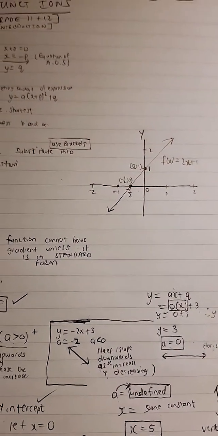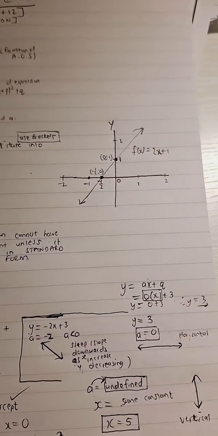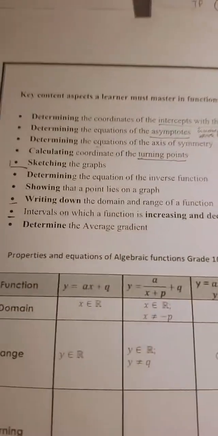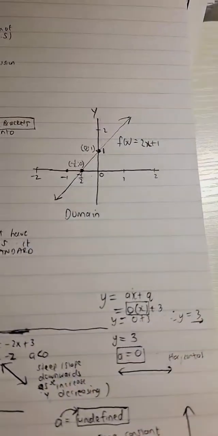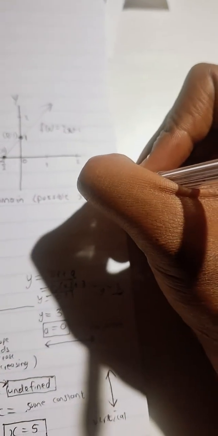Now I want to answer some questions that pertain to domain and range of the function. In the comment section, what is domain? Domain is the possible x values where the function exists.